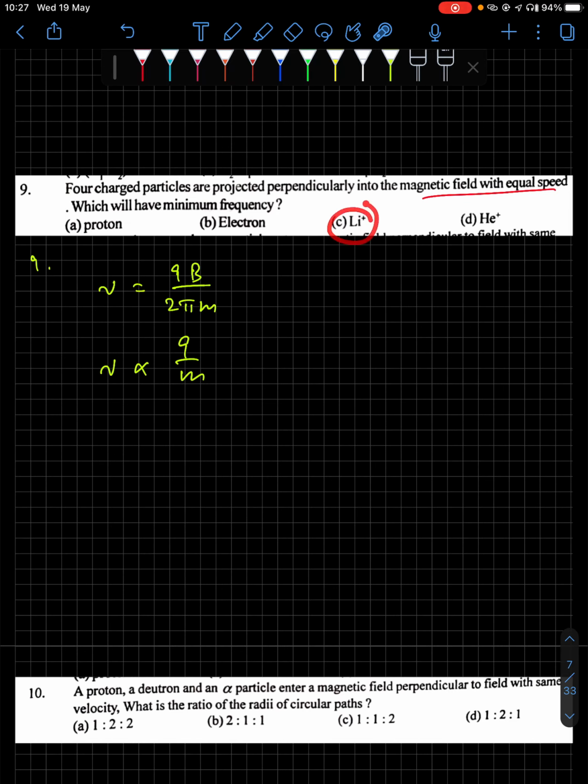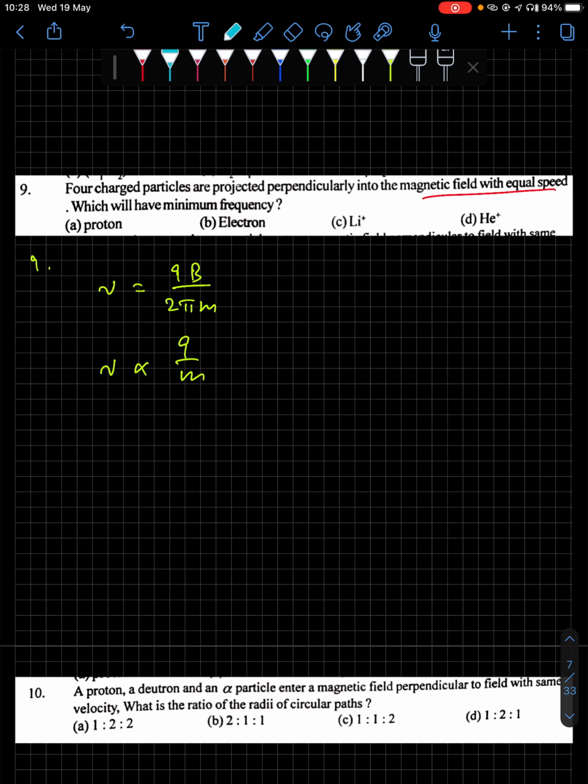In general, the total charge for lithium is 0, so lithium has 3 protons inside the nucleus and 3 electrons in the outer shell, making a total charge of 0. But when one electron is taken off, the nucleus has plus 3e and the electrons give minus 2e.